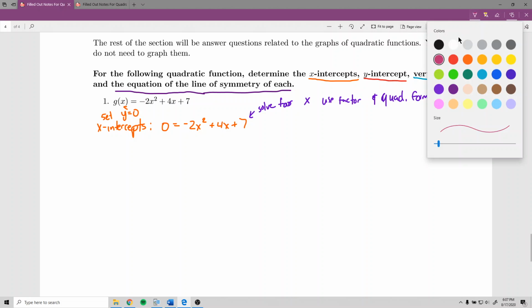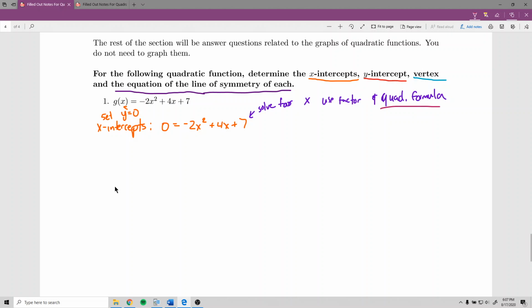All right, so let's go ahead and solve this using the quadratic formula. So x equals -b plus or minus the square root of b squared minus 4ac all over 2a. I can go ahead and just do this one right now because it's equal to 0.